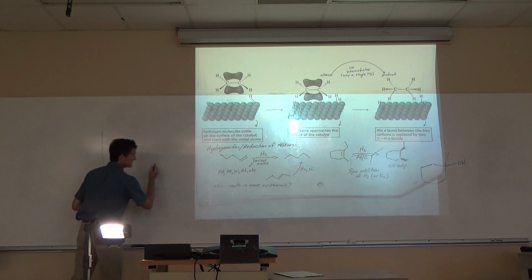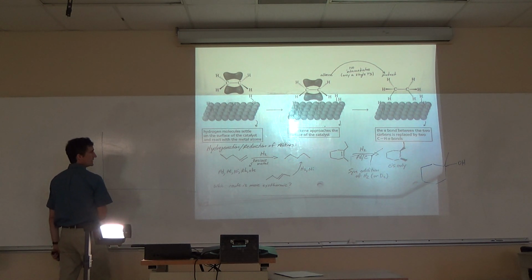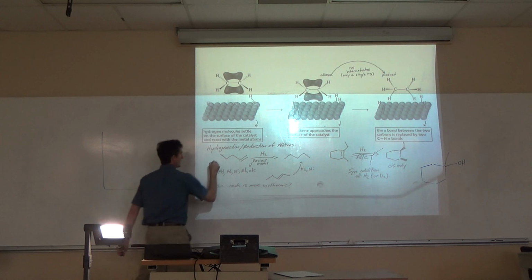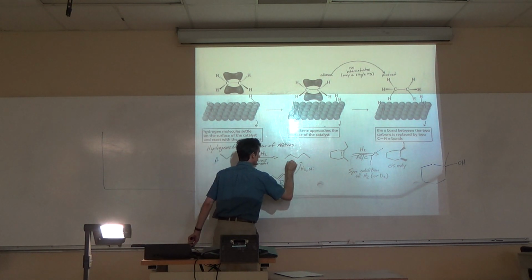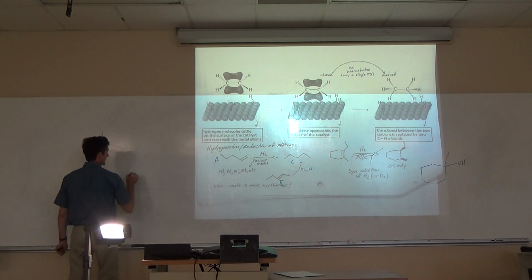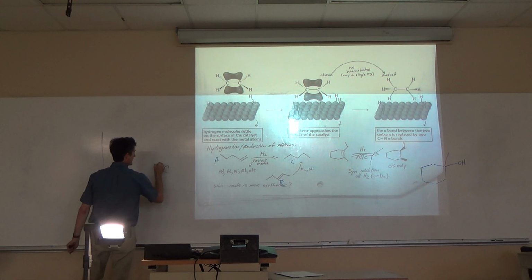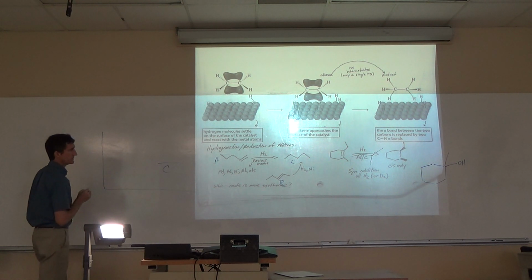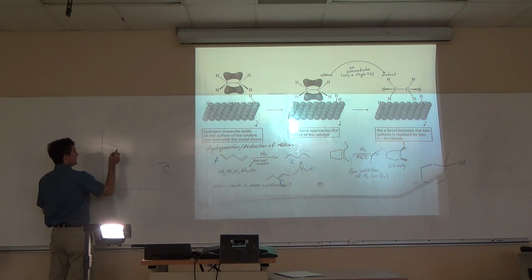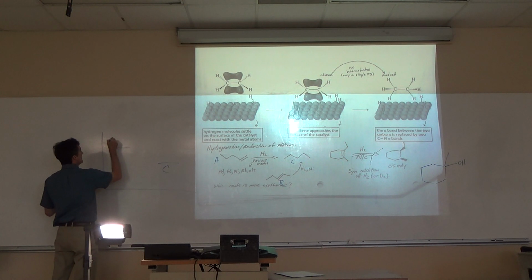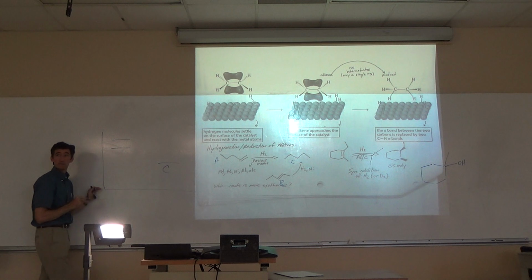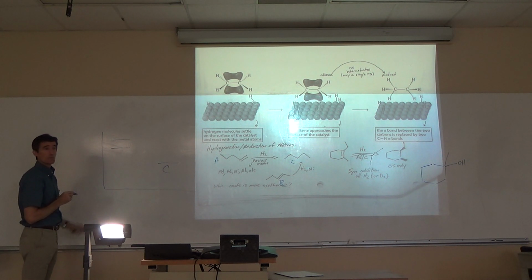I'll do it simplistically. A, B, C. They're both going to C, right? Here's C. A and B should be higher than C, right? Which one is A and B? Which one of these is A?